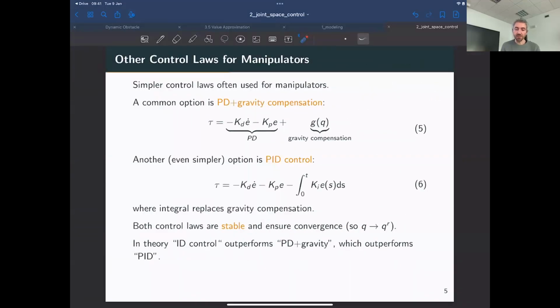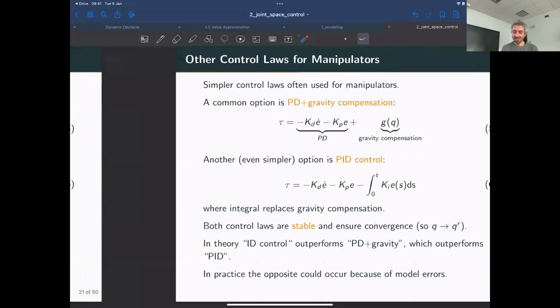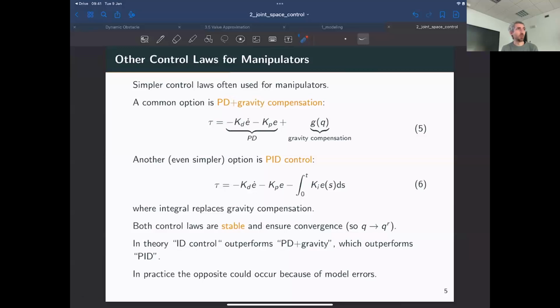So in theory, the inverse dynamics control, which I showed you first, should be a better version of the gravity compensation plus PD, which should be a better version of the PID. That's what the theory and the intuition would suggest. In practice, however, that's not always the case. And I've seen that the opposite can occur, because the more advanced control laws, such as inverse dynamics control, rely more on a model.